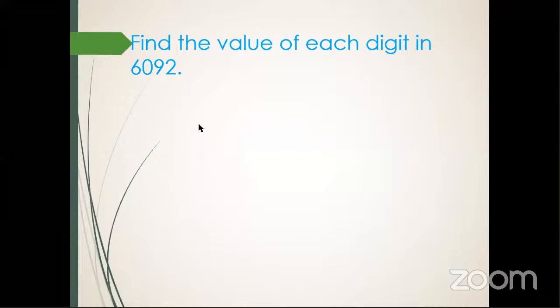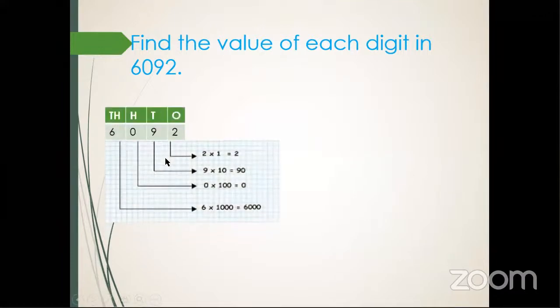So they want us to find the value of each digit here. The first thing we do is to give them place values. The place value of 2 is ones. The place value of 9 is tens. The place value of 0 is hundreds.